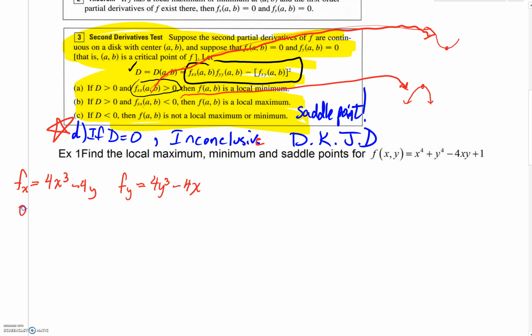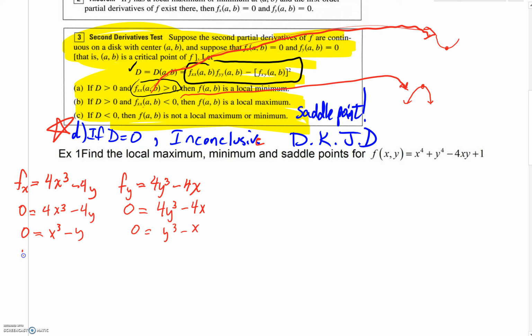Well, to find critical points, we're going to set these equal to 0. And then we solve. And guys, we can certainly solve via our TI-89. But sometimes we do that so much that we can lose some basic skills, and I don't want that to happen. I'm going to divide by 4 on both of these.